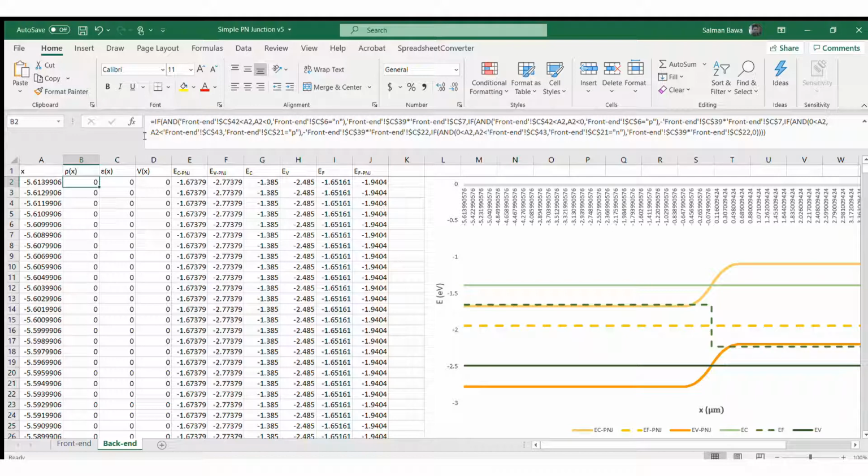And essentially, it means that for the value of x that is greater than the width of the depletion region on the left side up until 0, and if the left-hand side is an n-type, the charge density will be q times n sub d.